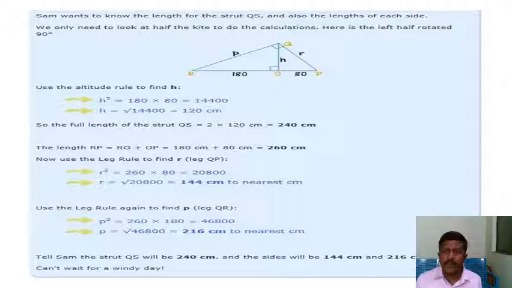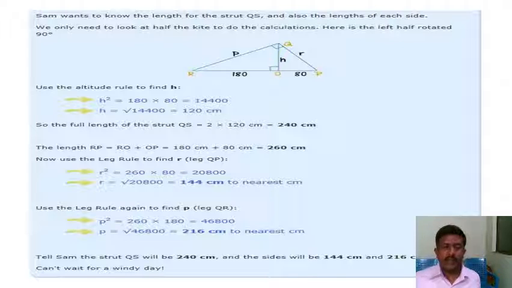Here is the left half rotated, QRP. Now look here, h square is equal to 80 into 180. The product is 14400. So h is equal to square root of this 14,400. Hence we get h is equal to 120. So 120 into 2 is equal to 240, which is the length of QS.